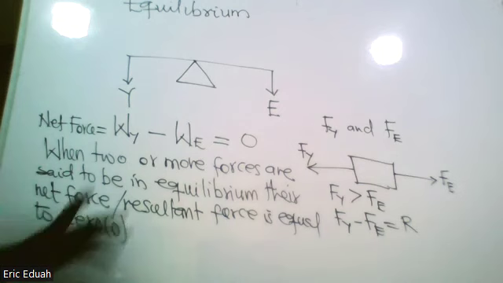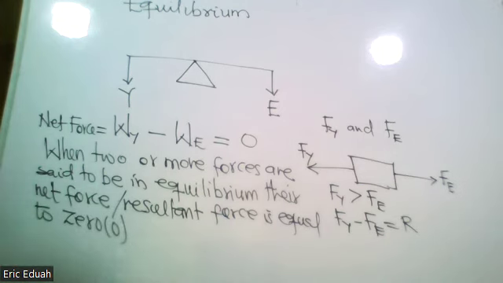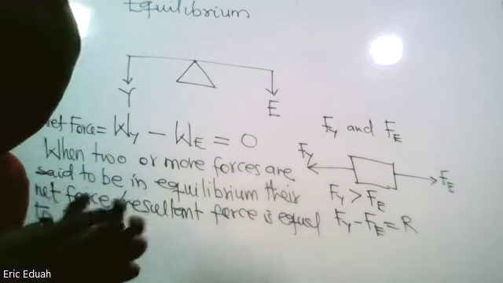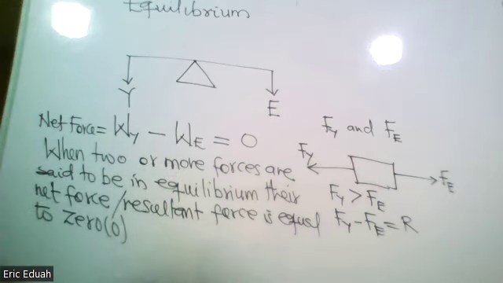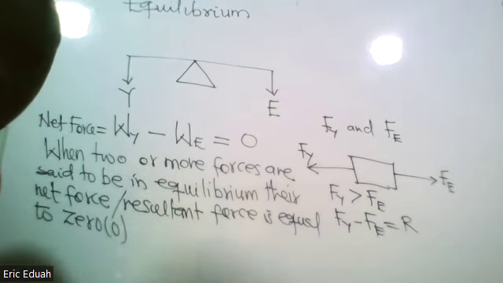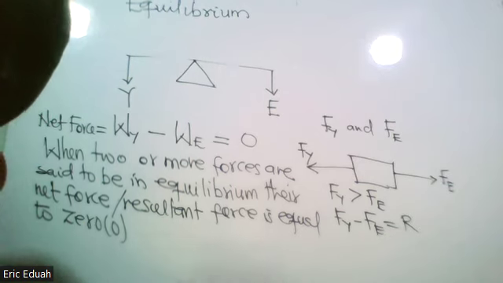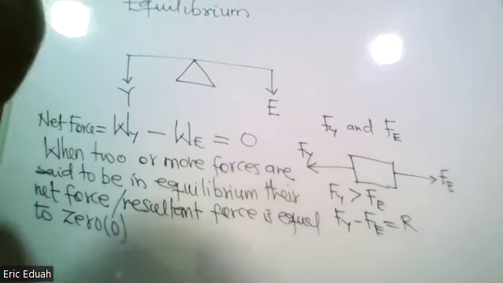Now, when this is the resultant or the net force, when the equilibrant force comes in, it will act on the resultant so that the total force will be equal to 0.